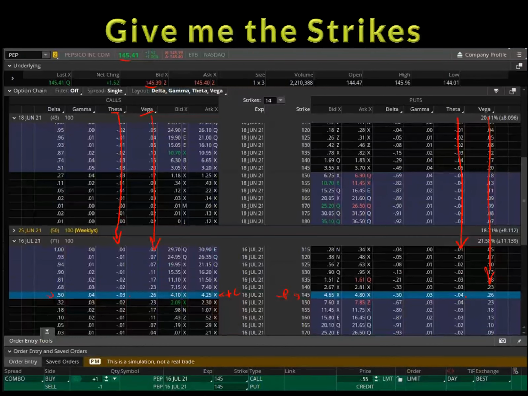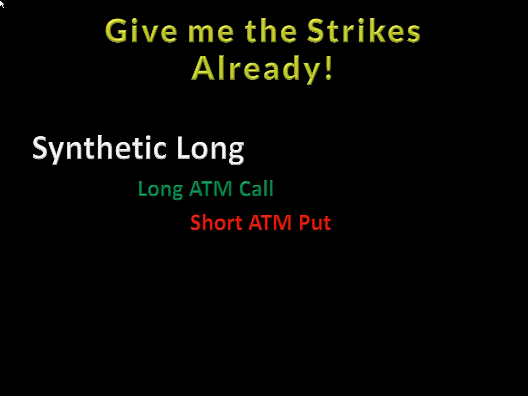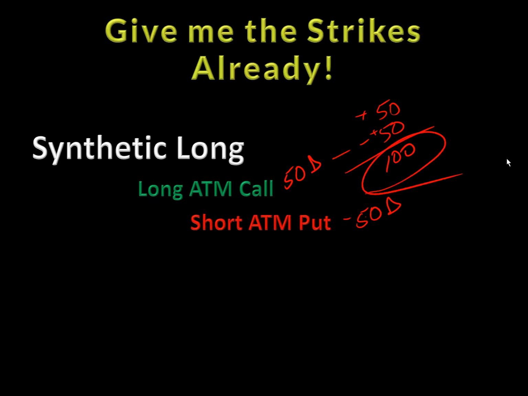So ultimately, we are looking to create a synthetic long by buying at the money as close to a 50 delta as we can, and then we're going to short an out of the money negative 50 delta, right? So we buy 50 deltas and we sell negative 50 deltas. Two negatives make a positive, so you add those together and you get 100 deltas.